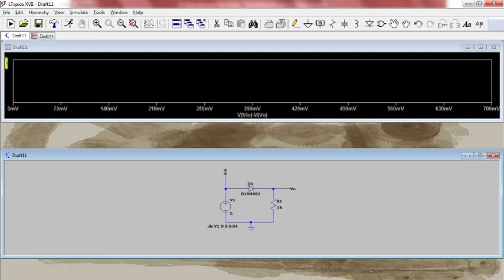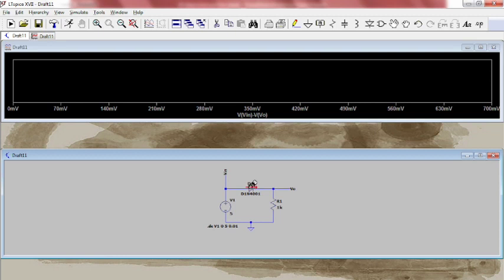This x-axis shows the voltage across the diode. Then next we want to get current on the y-axis. To get current on the y-axis, bring the cursor over diode D1. One red colored arrow symbol will come while the cursor is over the diode D1.